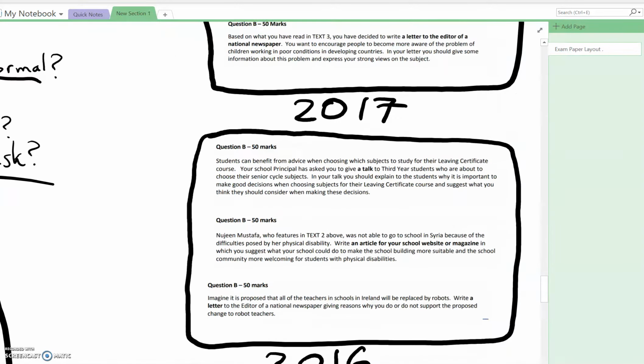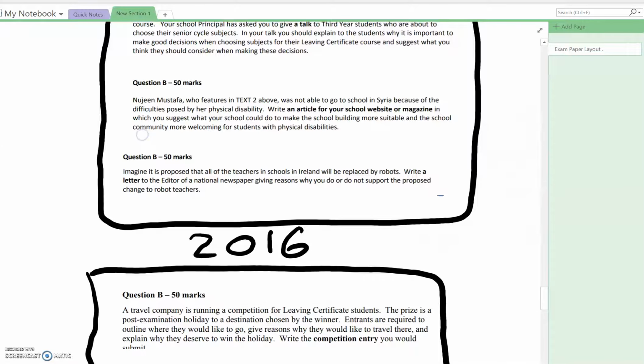How's about this next one in 2017? Nujeen Mustafa, who features in Text 2, was not able to go to school in Syria because of the difficulties posed by her physical condition. Write an article for your school website or magazine in which you suggest what your school could do to make the school building more suitable and the school community more welcoming for students with physical disabilities. Again, it's a very serious topic.